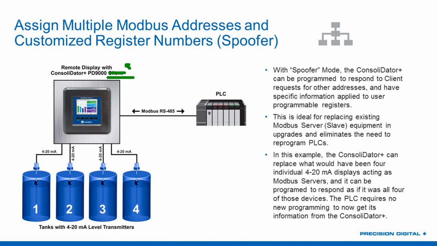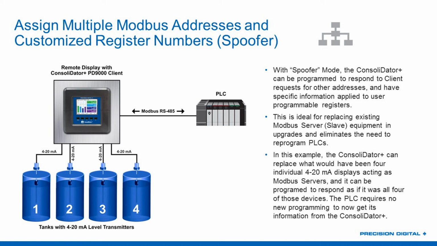It's really a slave or a server mode Consolidator Plus, but it's using this feature package to be a spoofer. Forgive my poor writing here. And we have the PLC requesting data from the Consolidator Plus, and we have the Consolidator Plus taking in 4 to 20 milliamp inputs.